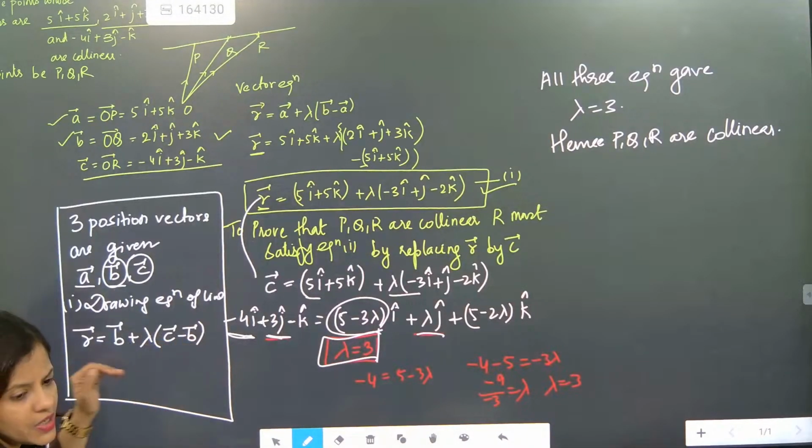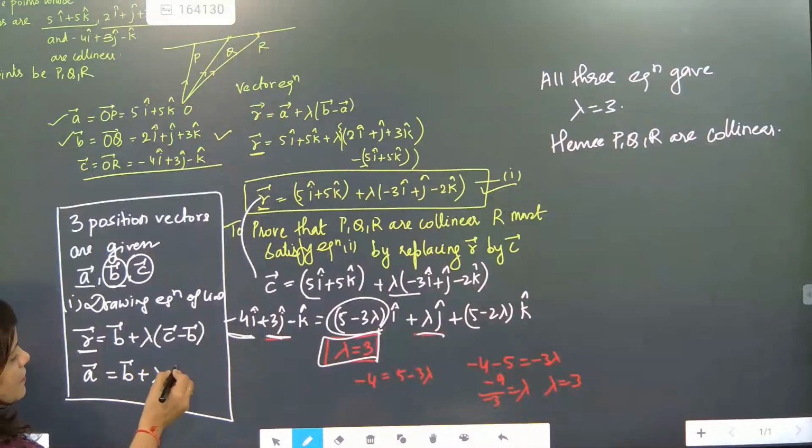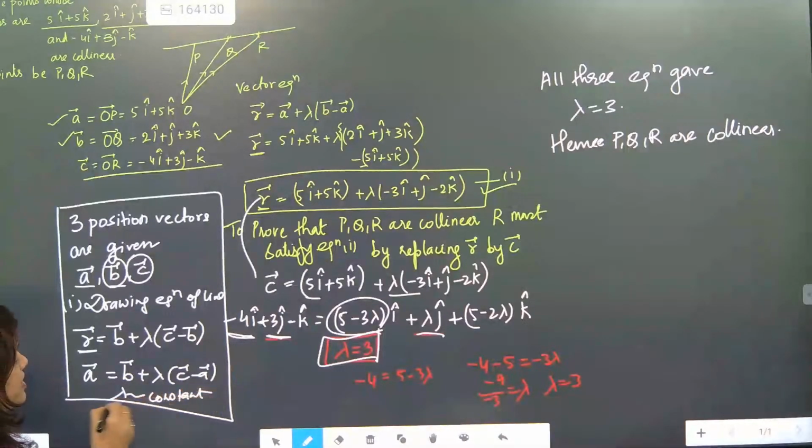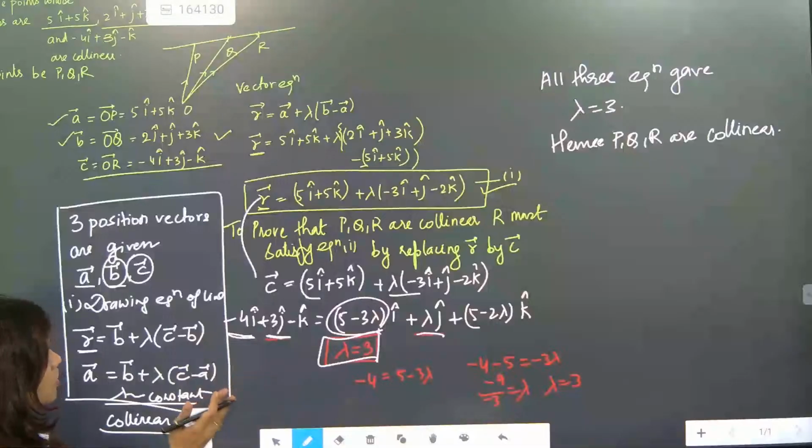This will become the equation of the line. Then you have to replace R vector by A vector, and then open the components and get the value of lambda. If lambda is coming constant, the same value in all cases, it is collinear. If it is not coming the same, it is called non-collinear.